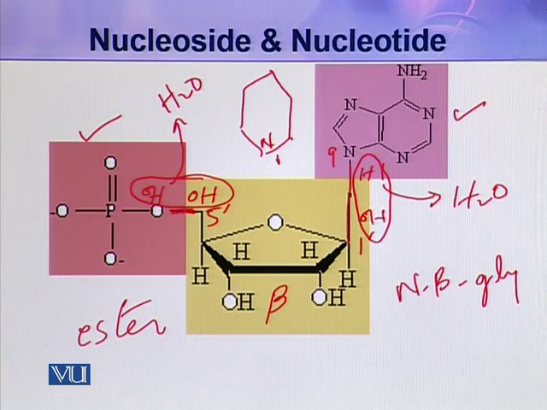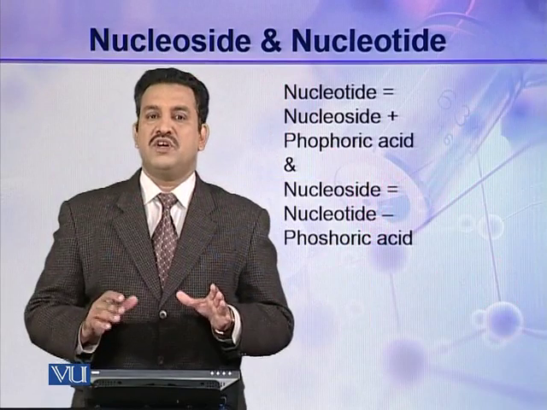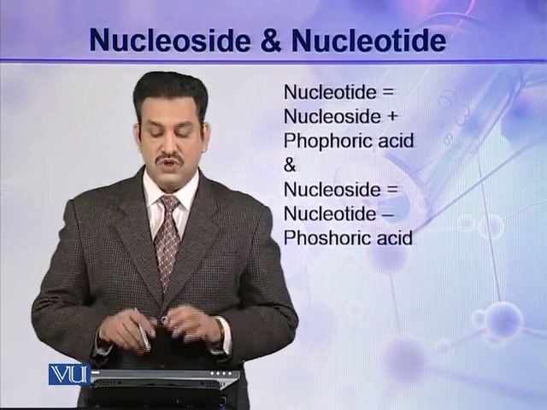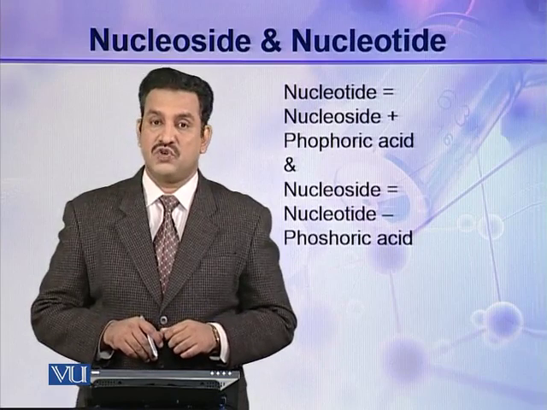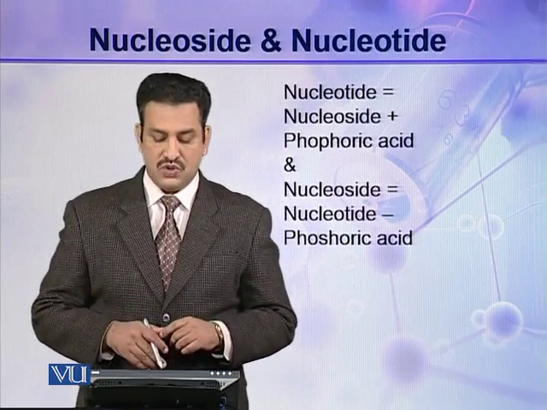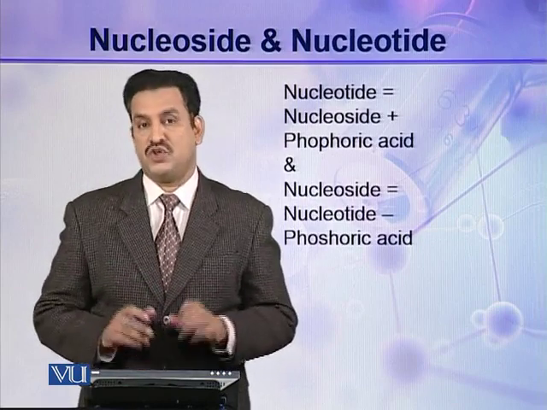So in this way, all three components are joined to make a nucleotide. So simply you can say, in other words, a nucleotide is equal to nucleoside plus phosphoric acid, while a nucleoside is equal to a nucleotide minus phosphoric acid.